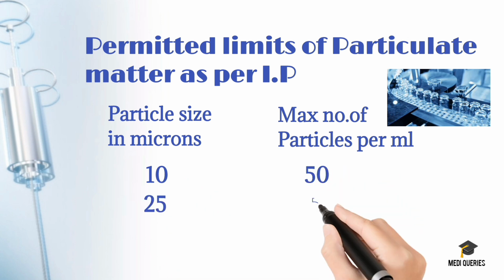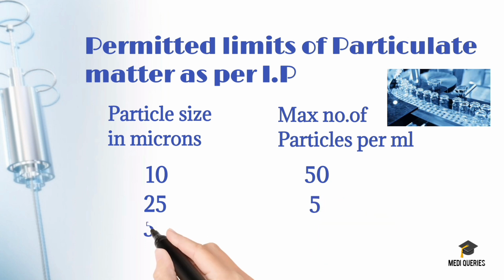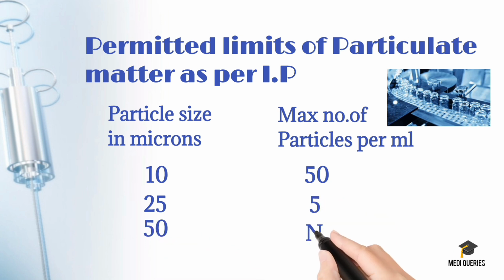The presence of foreign matter in a parenteral preparation is very dangerous, especially when its particle size is larger than the size of an RBC, so it can block the blood vessels. A parenteral preparation showing evidence of contamination with visible foreign material should be rejected. The permitted limits of particulate matter as prescribed in IP are given in the table here: the particle size in micrometers and the maximum number of particles per ml.